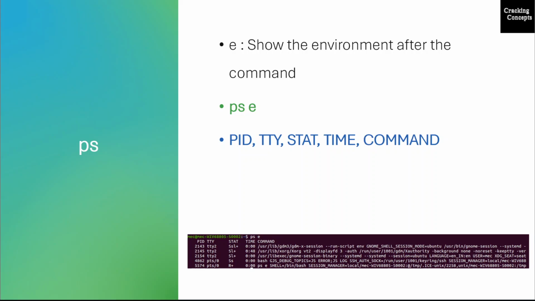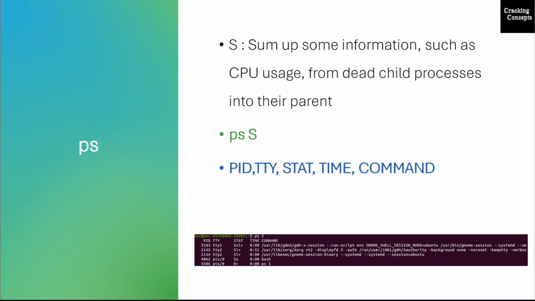So the command is ps space E, that will include the process ID, the controlling terminal, the current state of the process, the total CPU time used by the process since its inception, and the command that initiated the process along with its arguments.